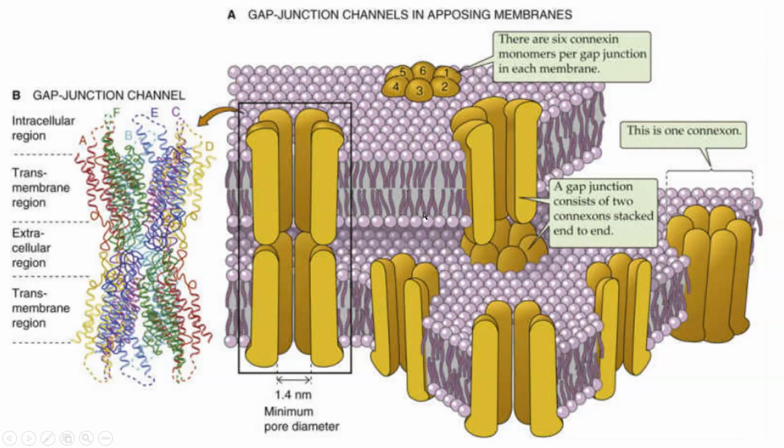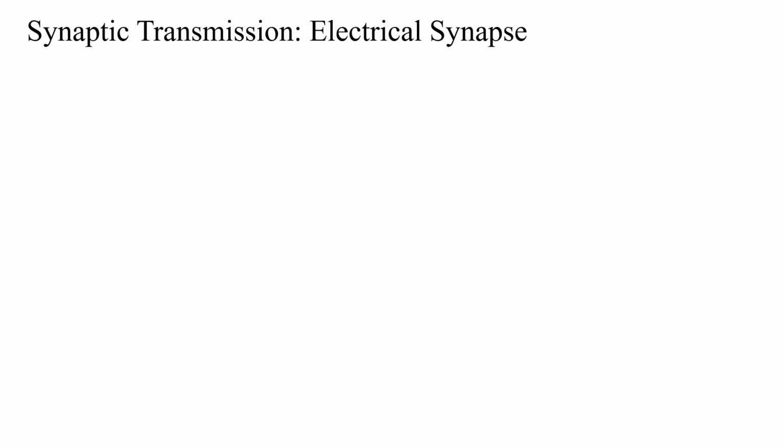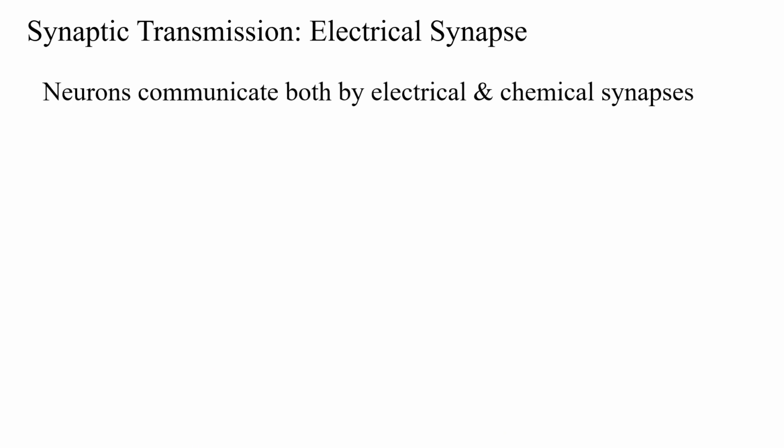So when you change permeability and this one is getting depolarized, what will happen? It is easily transmitted to other cells, right? So they are electrically coupled. That is called electrical synapses. Electrical synapses means they are almost behaving like a single cell. Neurons communicate by electrical and chemical synapses. Electrical means you don't have to release the chemical.